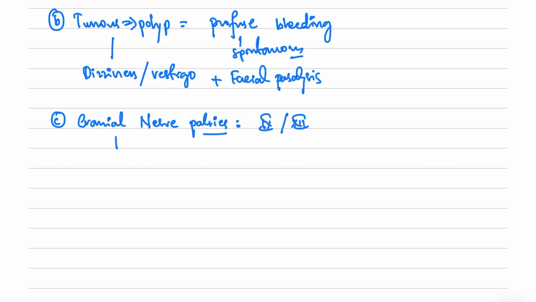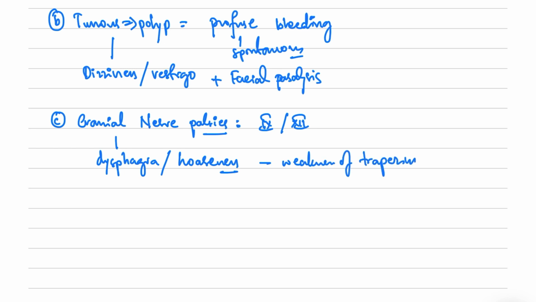The patient also has dysphagia. There is hoarseness of the voice due to unilateral paralysis of the vocal cord, and the patient also has weakness of the trapezius as well as the sternocleidomastoid muscles.